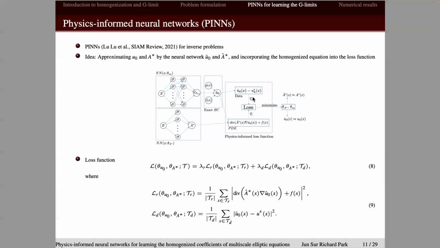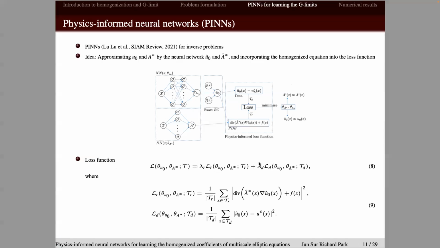As you can see, ideally, if we have a good approximation, this should be 0. And this also, because it represents our data fit, should be near 0. So we want to minimize this loss term to find optimal network parameters, which give us the approximation of the G-limit and the homogenized solution simultaneously. If we take a look at our loss function, we have these two terms.